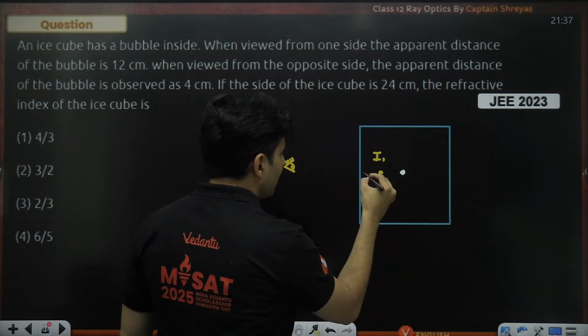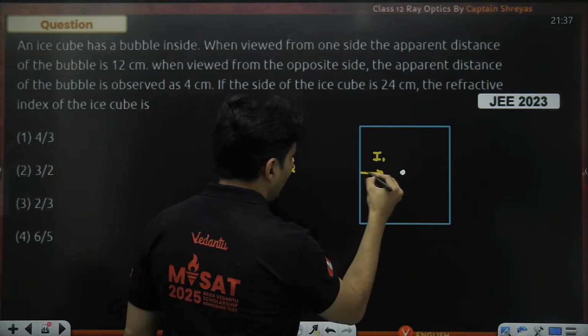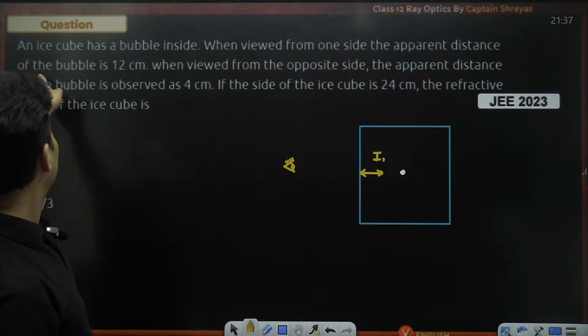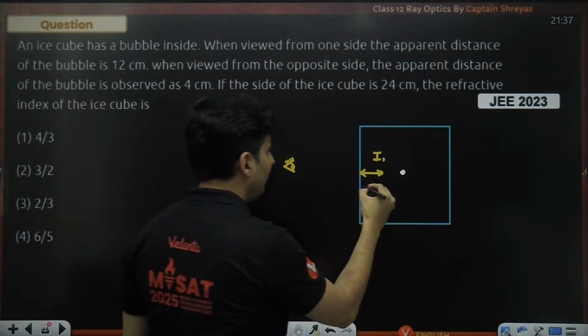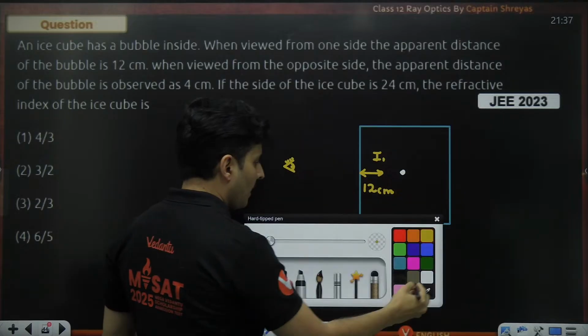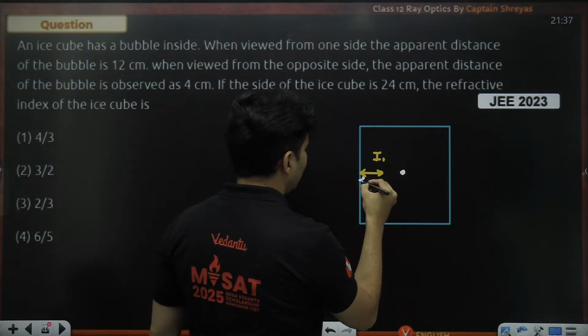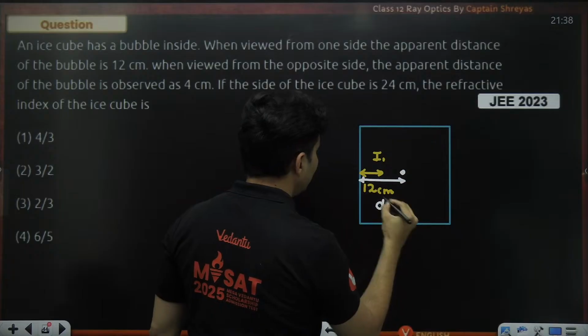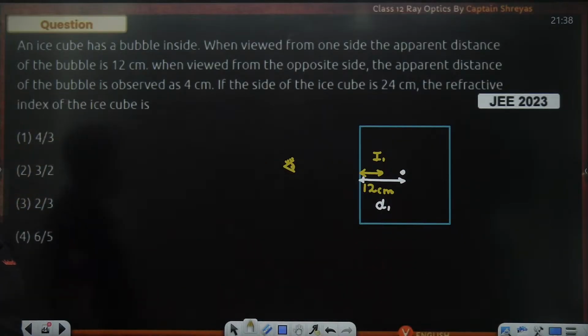And this image is formed at a depth of how much? From the front side, it is seen to be 12 centimeters. What is the actual depth? I do not know. I'll just call it D1.